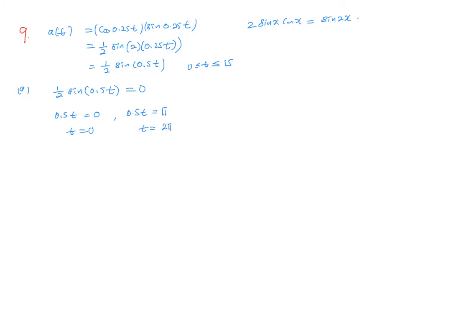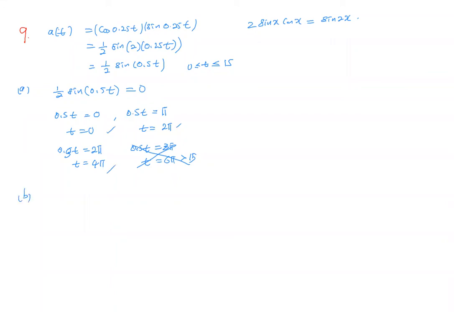Then sin 2 pi is also equal to 0. You can go on, so your t will be equal to 4 pi. 4 pi is approximately 12 already. If you go to the next round, your t will be 6 pi, which is more than 15. So this is not the answer. Are you clear? So there are 3 answers here.